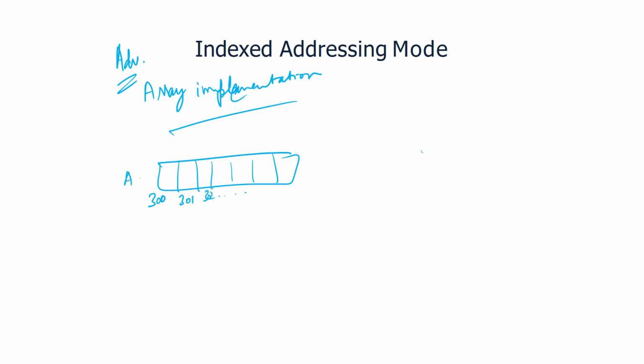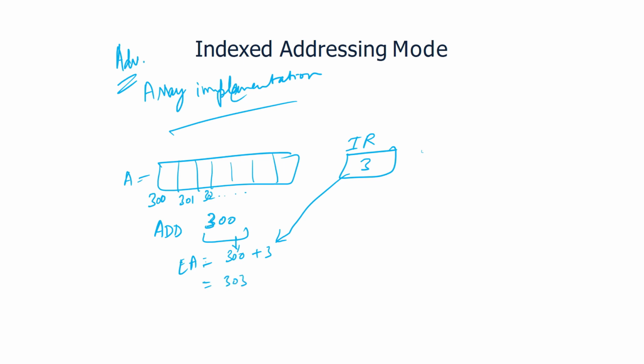Also we have an index register that has some value, suppose it is 3. When I say add 300, where 300 is the starting address of the array, the effective address will be 300 plus 3, the value of IR. So the effective address is 303.